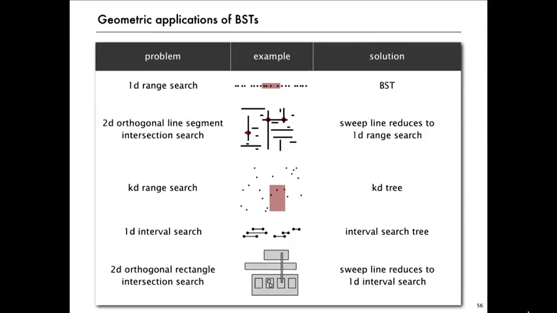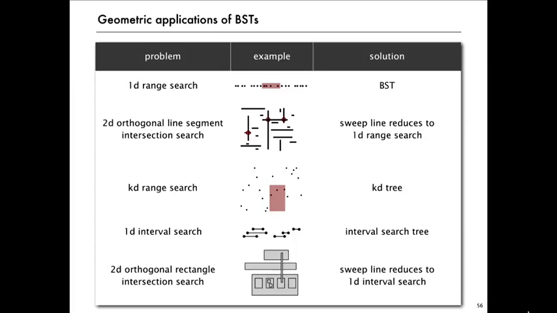So here's our summary of applications of binary search trees for geometric problems. We started with one-dimensional range search and just used a regular binary search tree to compute ranks to get the answer. But with that as the basis, we were able to solve the two-dimensional line segment intersection search using the sweep line algorithm.